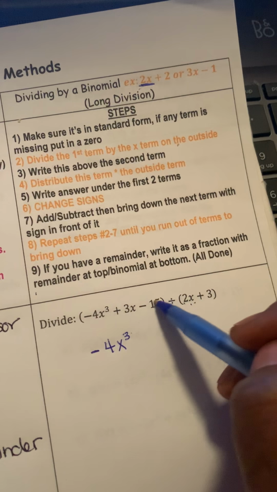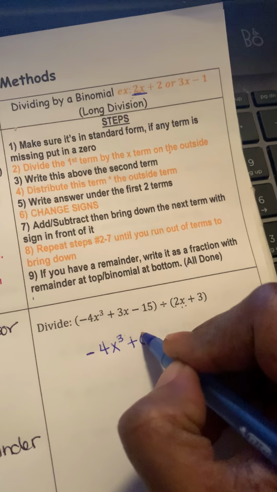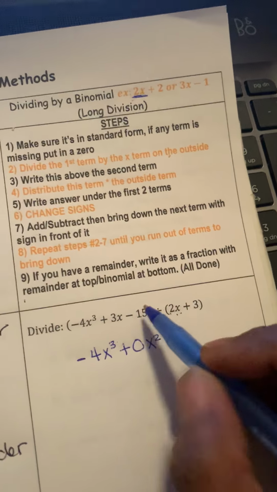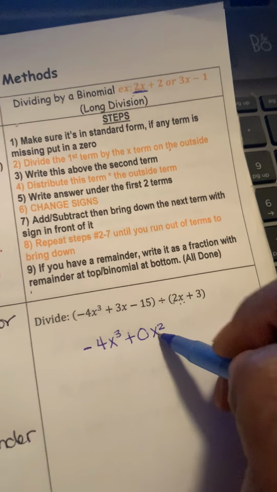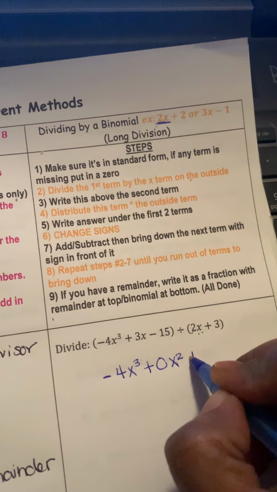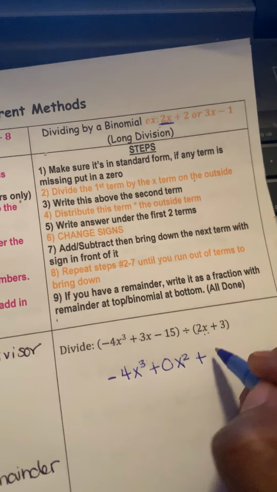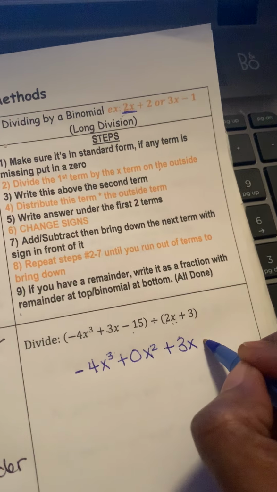Up here, I don't have an x squared. So I'm going to put a 0 in for that term. You need to have a 0 to hold the place value for the x squared term. The next term down for that should just have an x, which we have. And then the last one should always be your number.